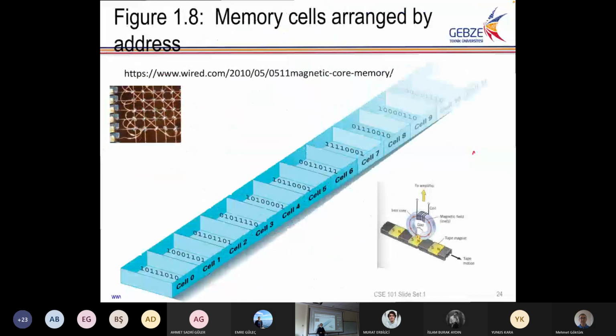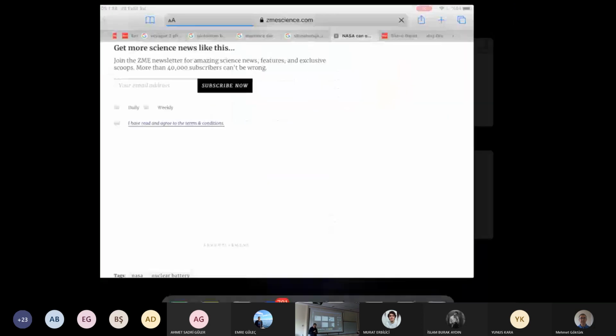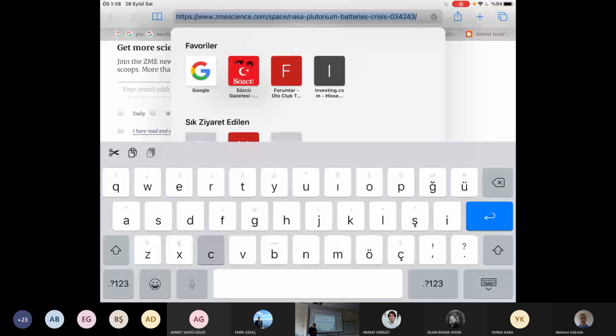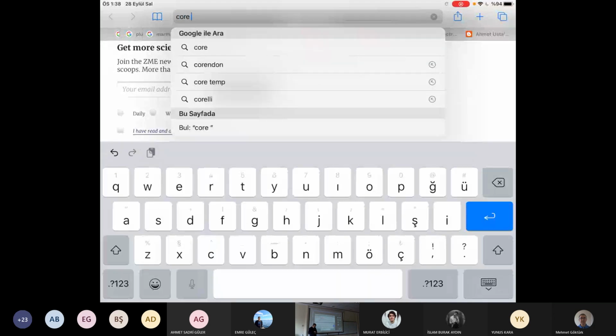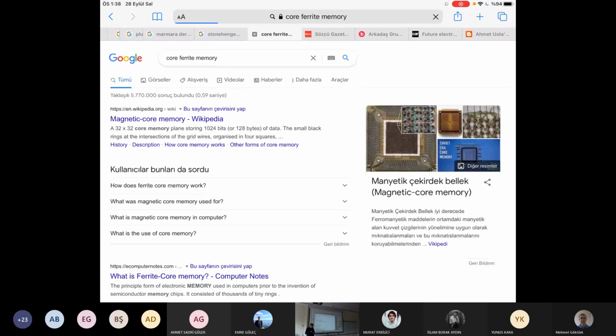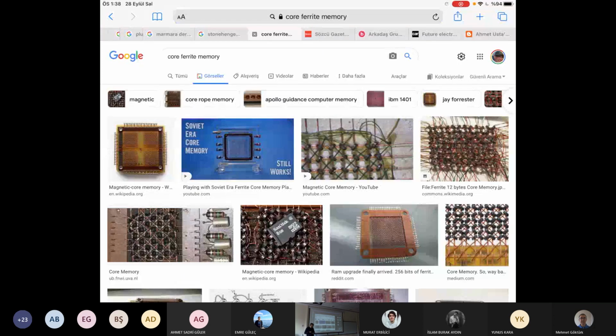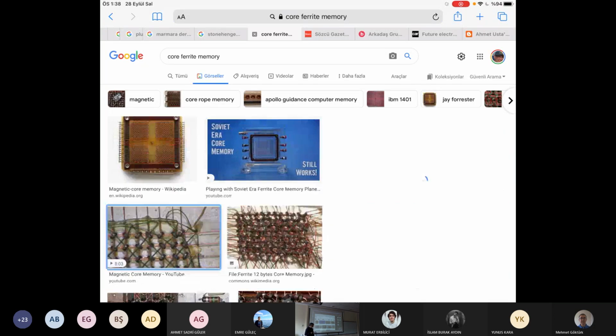So when you read it, you can check the polarity. It is similar to cassette audio tapes. Some of you can remember. In the 1950s and early 1960s, these are the memories that people used.